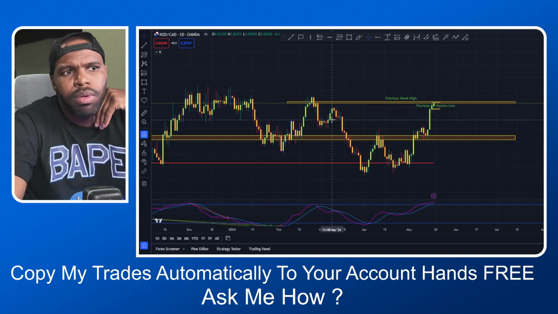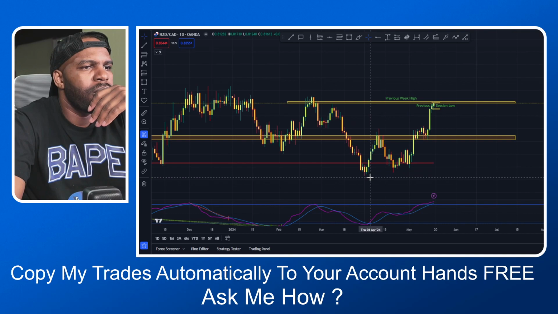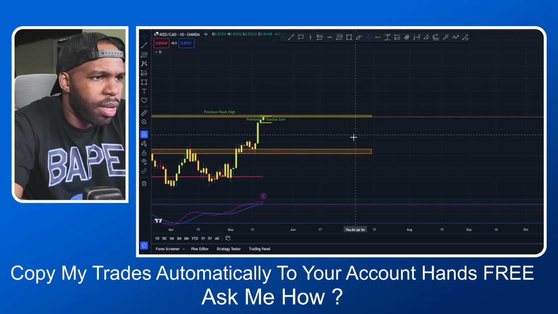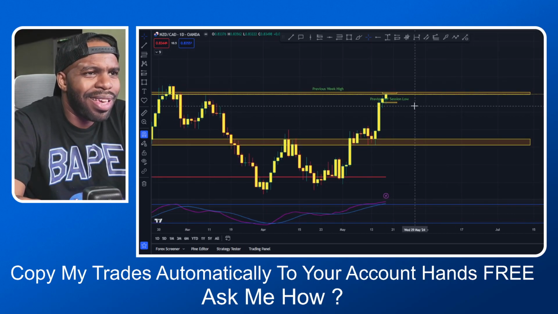So we created a higher high, then we created a lower low, and then our high. This created a higher high because it broke this lower high here. So we're in the uptrend right now at the moment. Okay, so we are in the uptrend when it comes to NZD CAD.